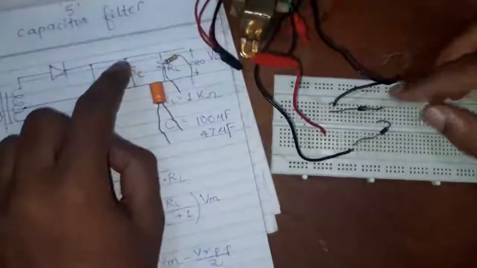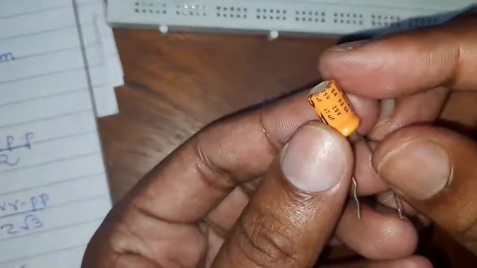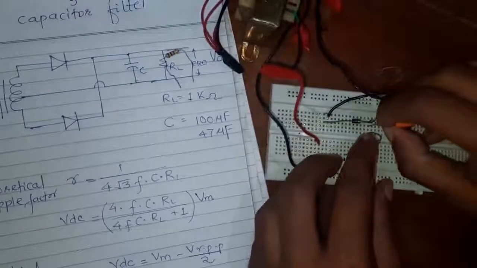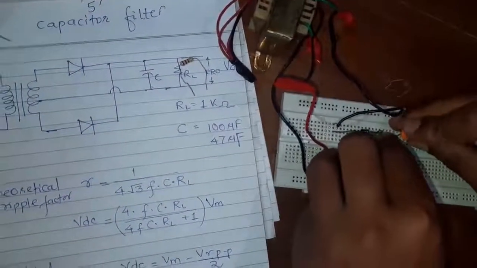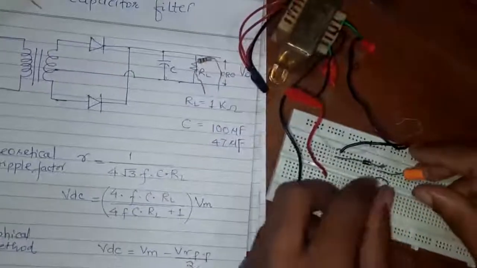Now from there we have to connect a capacitor, that is 47 microfarad. You can see it is a 47 microfarad capacitor. The positive terminal of the capacitor goes over here, and the negative terminal I will connect over here. Across the capacitor we need to connect a load, that is your 1 kilo ohm resistor.